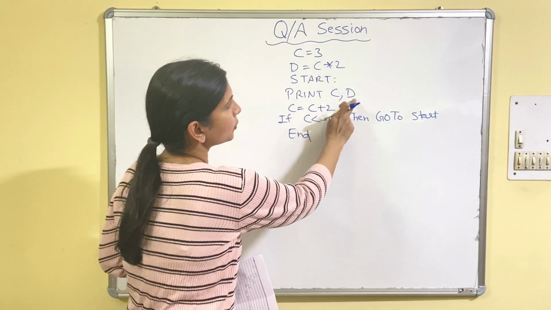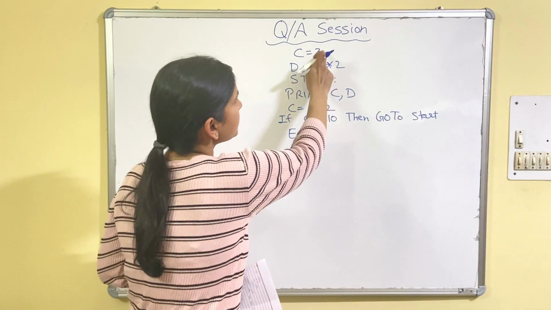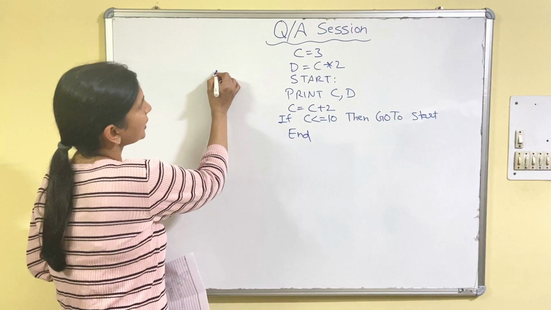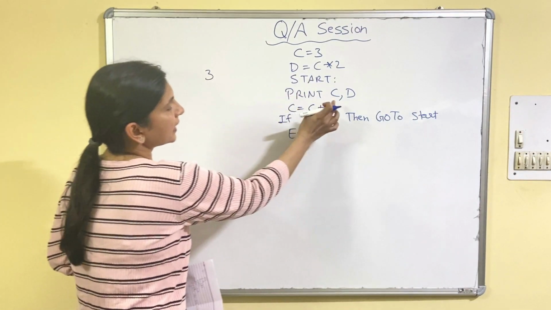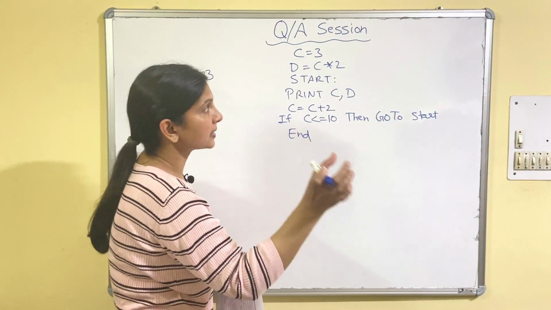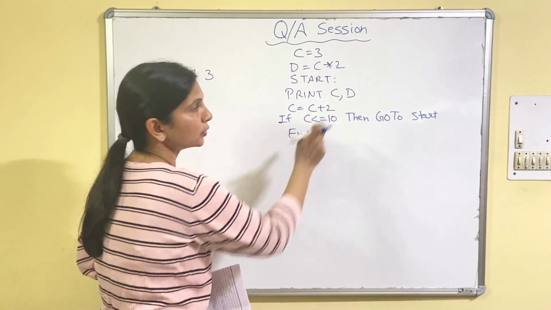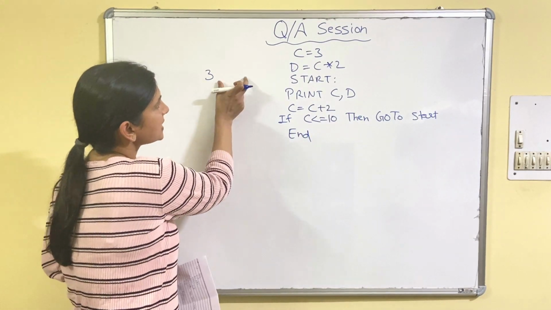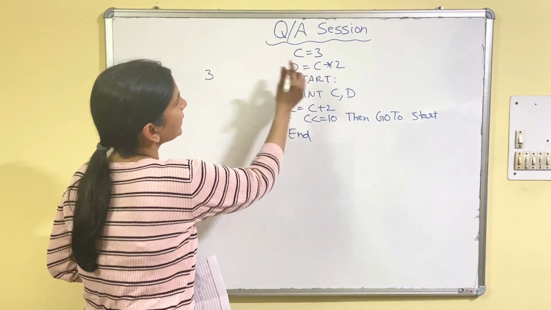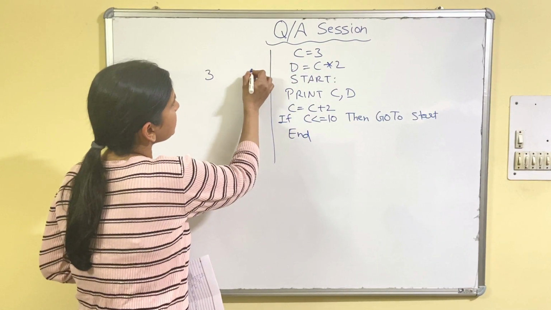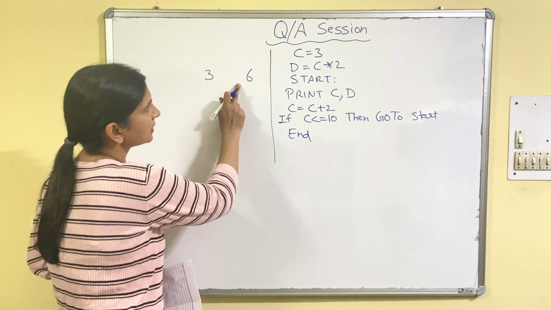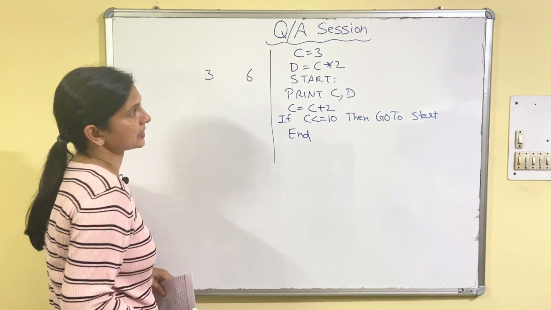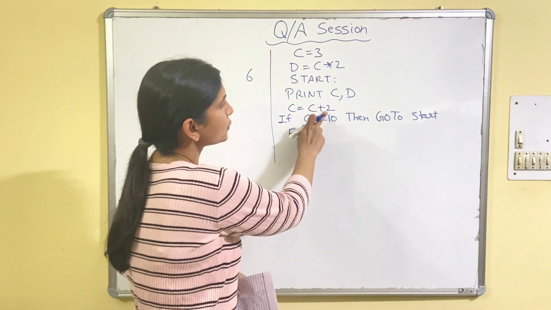Print C comma D. So what is the value of C? 3. So I am writing here 3, and due to the comma there will be some gap to display the value of D. So 3 with some gap, it will display the value 6. Fine. 3 space 6.